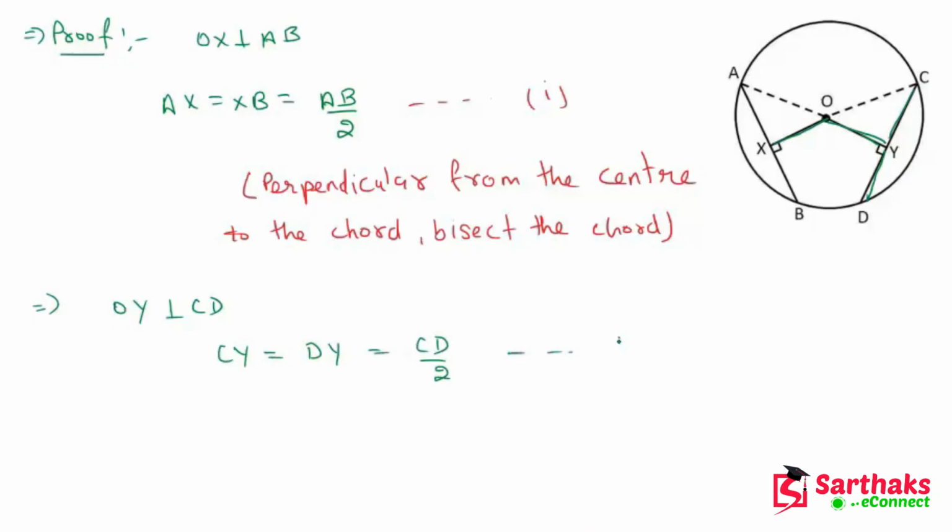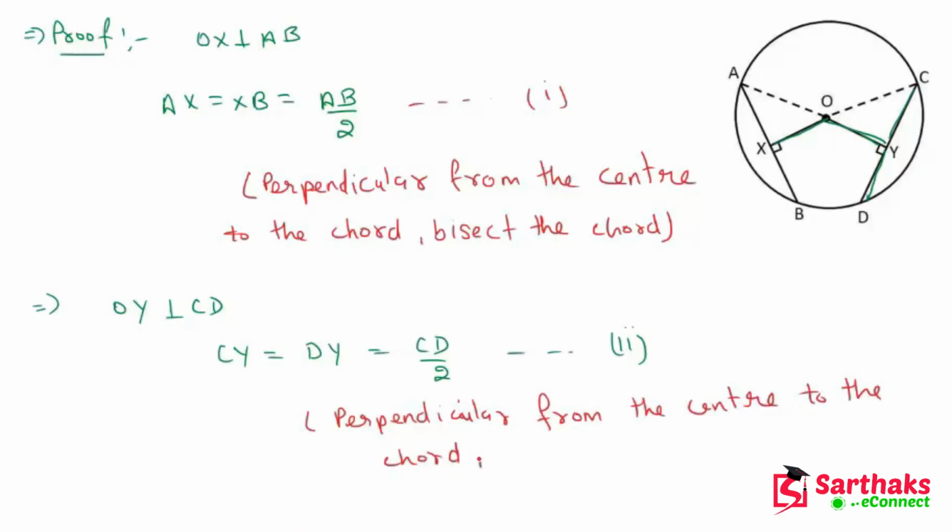Let's suppose this is equation number 2. The reason is the same: the perpendicular from the center to the chord bisects the chord.